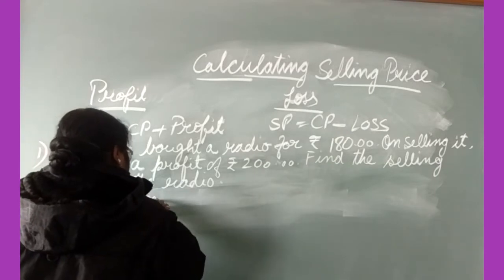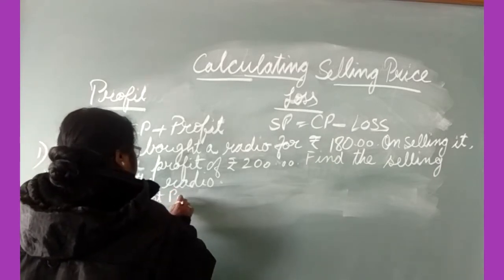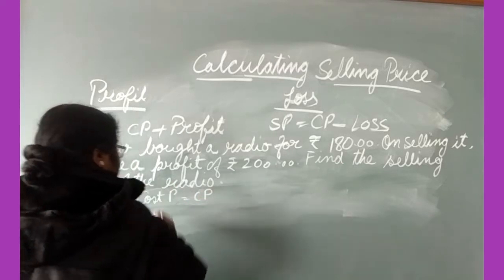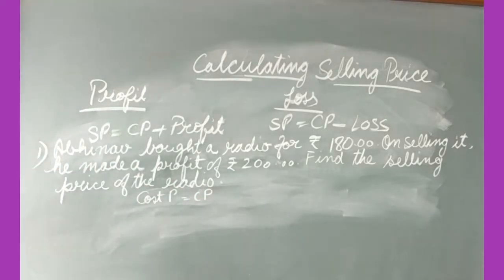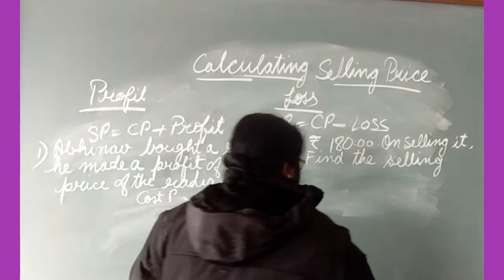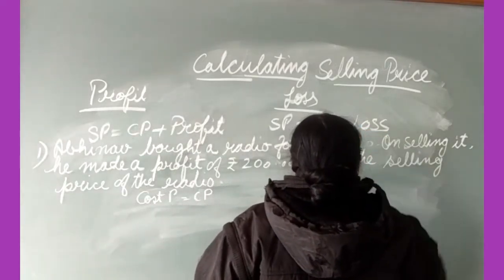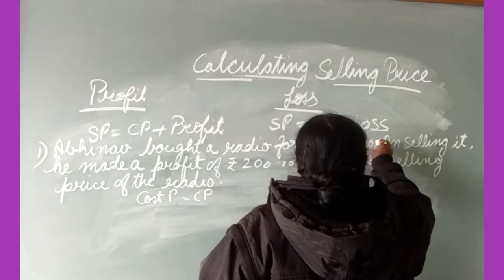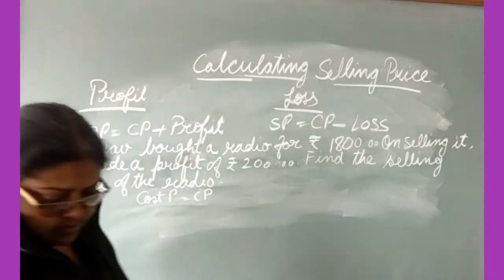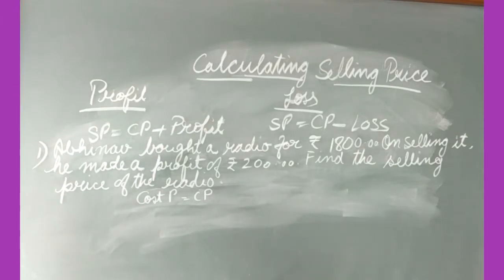Cost price means CP. Abhinav bought it for 1,800.